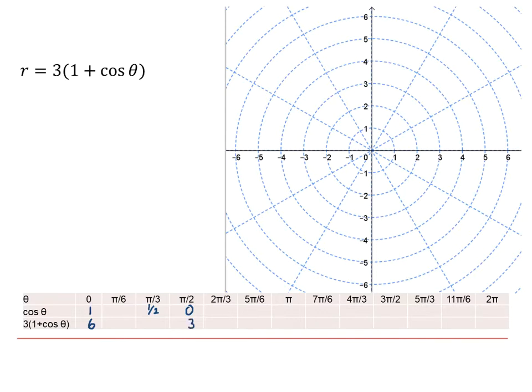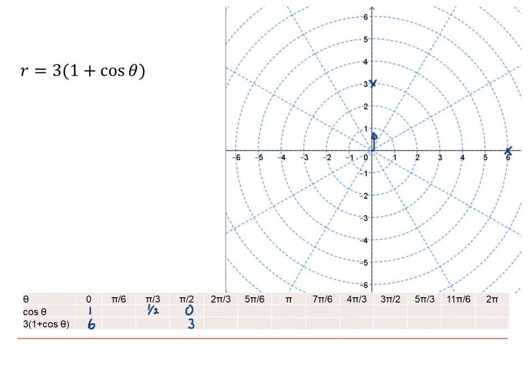So if we now put that onto our graph, we're starting off at a value at 6, and it's reduced to 3 by the time we're pointing in the direction of pi by 2, which is up there. So we've reached this point here. Now that's happened slowly. It's reduced down to a half at pi by 3.